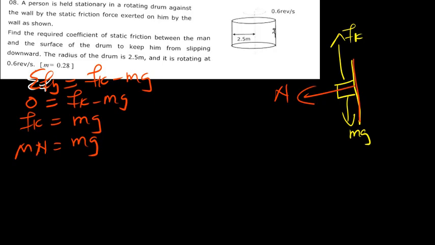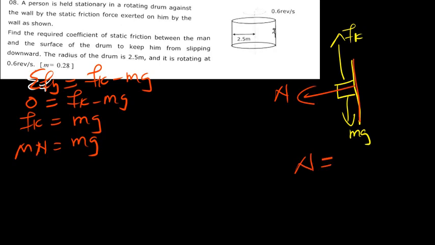Now, I know that the question is demanding that I find the coefficient of friction. But for the fact that they are going to give me the velocity, the velocity has to appear. You understand my point? So the forces that we have in the x direction, in simple terms, the normal force is moving in the same direction as the centripetal force.